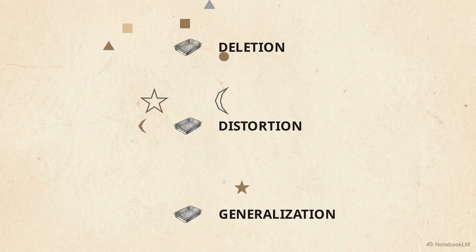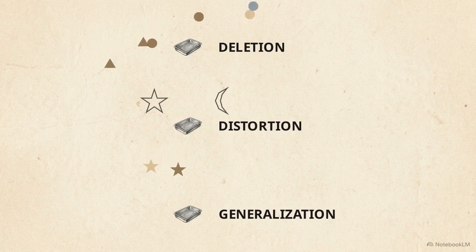The data that survives drops to the second tier, distortion. Distortion bends incoming raw data, forcing it to fit into pre-existing psychological frameworks. It is the mechanism that allows two people to look at the same facial expression and see either anger or confusion, depending on their expectations. Finally, the remaining data hits generalization.